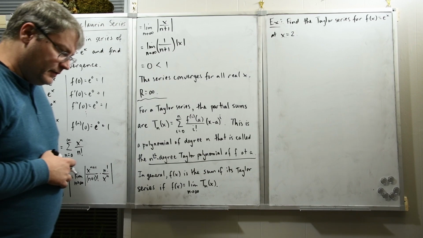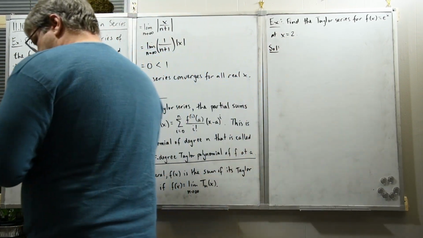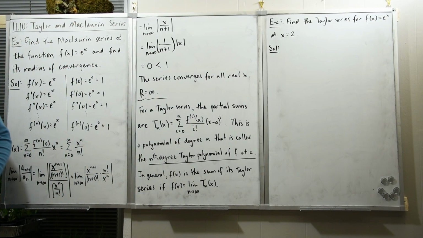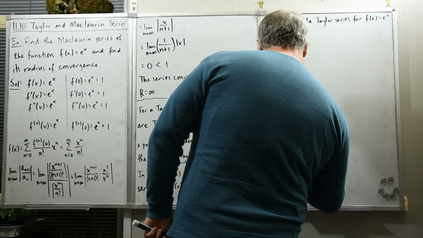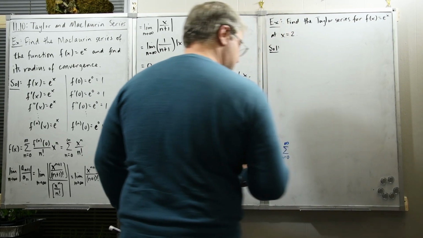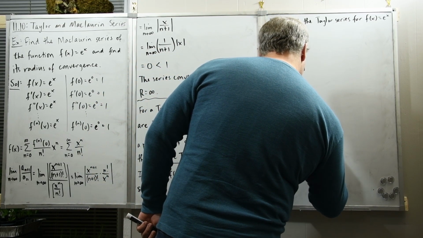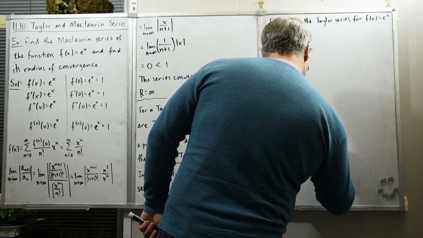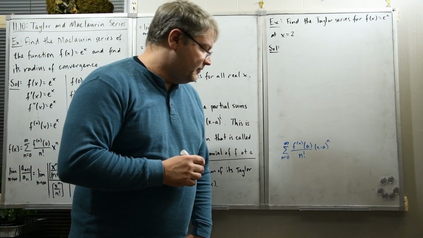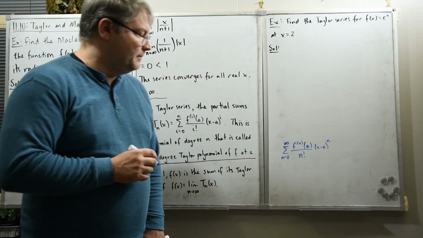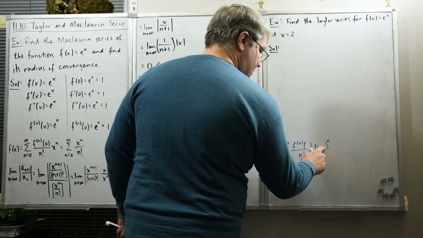All right. So if you think about what's going on here, when you take a look at your Taylor series centered at 2, then you're going to get the summation n equals 0 to infinity of the nth derivative of f at a over n factorial times x minus a raised to the nth power, where a is equal to 2.